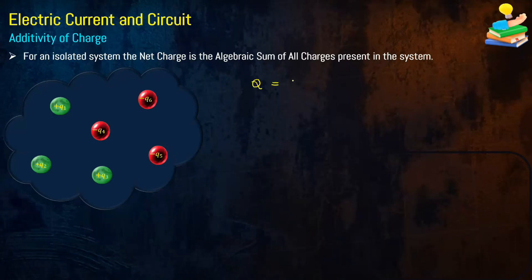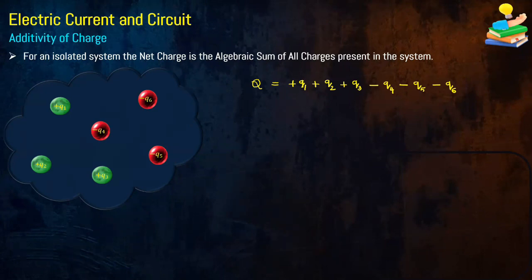Here, plus Q1 plus Q2 plus Q3 minus Q4 minus Q5 minus Q6. This is the procedure to determine the net charge of the system by applying additivity of charge.